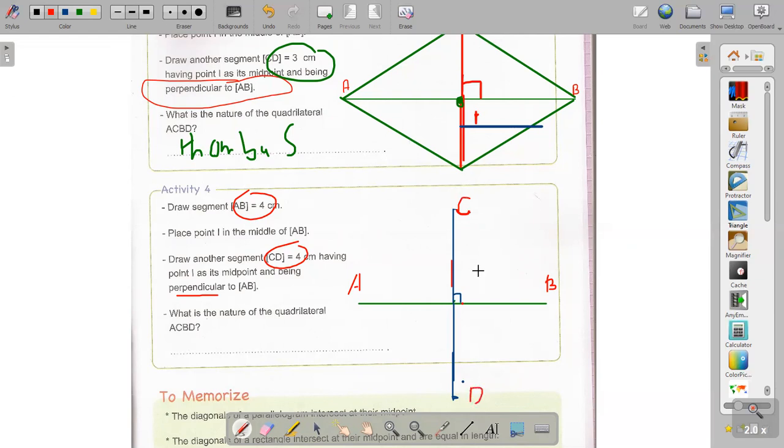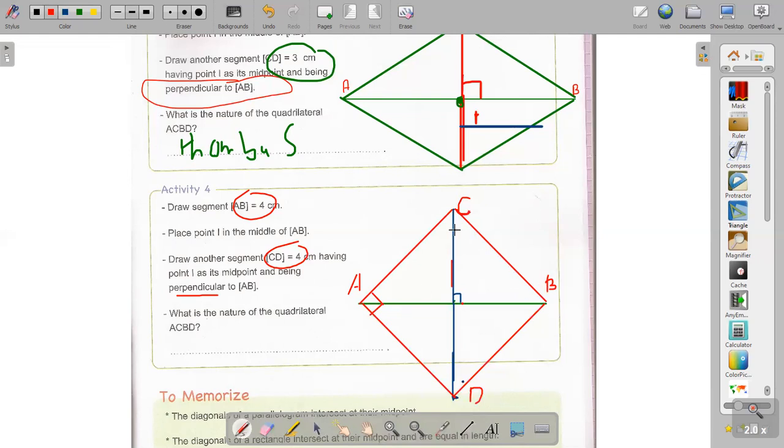Now I will join the 4 points together in order to check its nature. A with C, B with D, C with B and A with D. Okay, what is the nature? Now what is the difference between the first and second activity? The same thing. We said of this one that it's a rhombus, but the angles here are right. These angles are right angles.